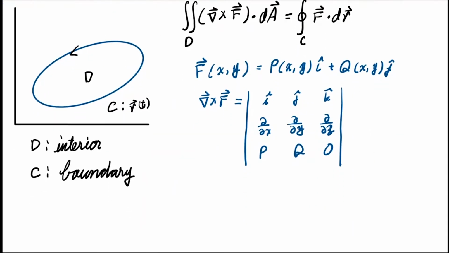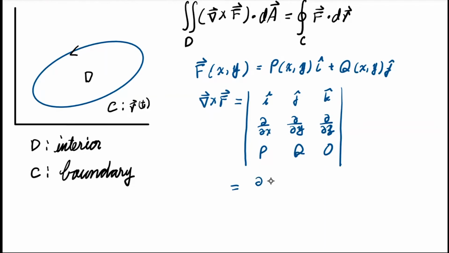Okay, this will turn out to be, let's say, the i component: this, which is 0, minus this. See, this has a z, a derivative with respect to z, but Q only has x and y in it, so this is 0 as well. So that term is 0. For j, this minus this, z once again, this is 0, and then you multiply with 0. So that's 0. The only thing that survived is the k.